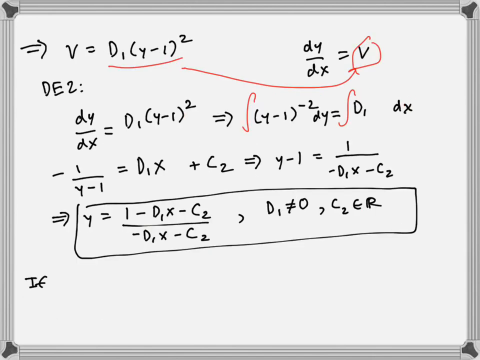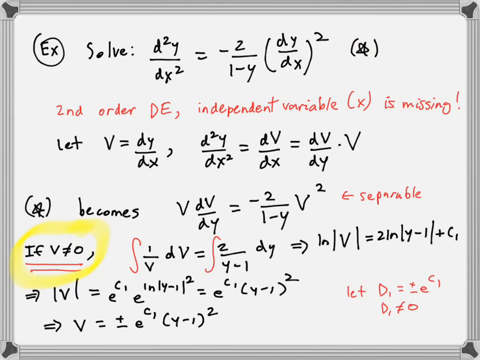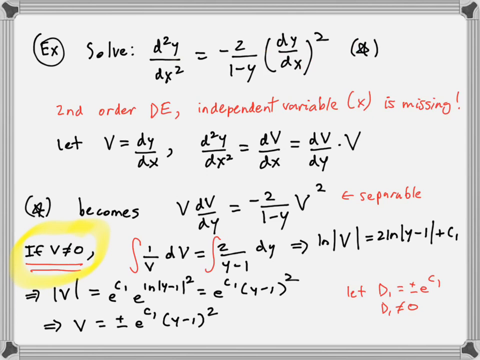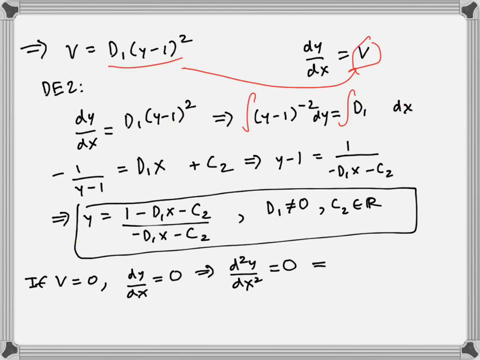So note, if v is 0, then this means dy/dx is 0, which means in our original differential equation, if we take a second derivative, the second derivative is also 0. And so look at the differential equation. Doesn't that become 0 equals 0? Zero equals 0, right? And so it works.